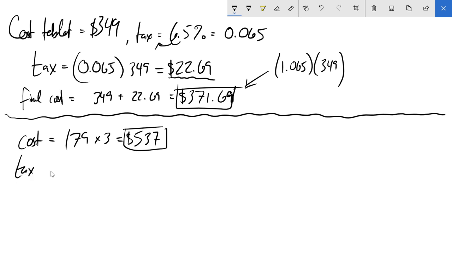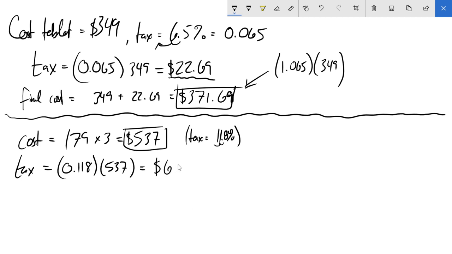Then if you wanted to calculate the tax separately, well, if the tax rate is 11.8%, then what do we need to do? We need to turn that percentage into a decimal by moving that decimal place over 2 place values, and then you can multiply by 537, and that'll give you some number. What does that come out to be? 63.37.